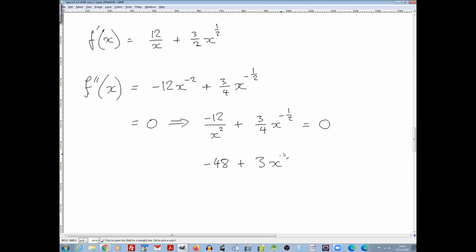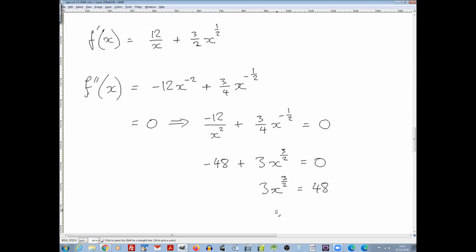Yes, but I would say 3 over 2. Equals 0. Good. And now we can say 3x to the power 3 over 2 equals 48.